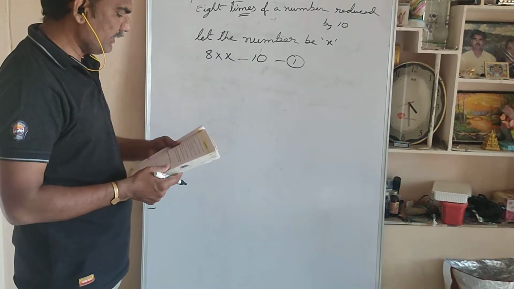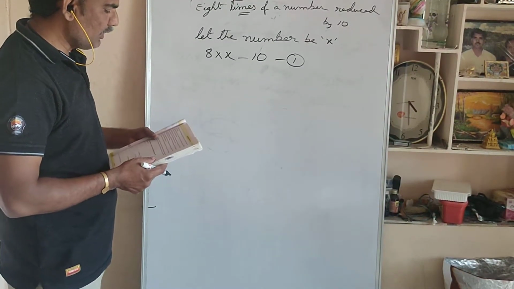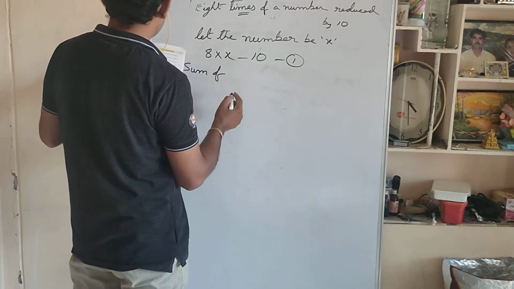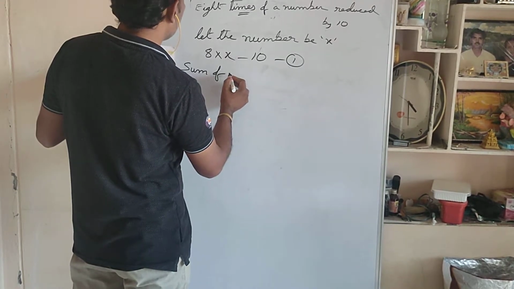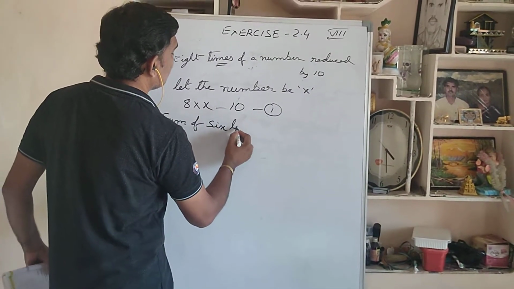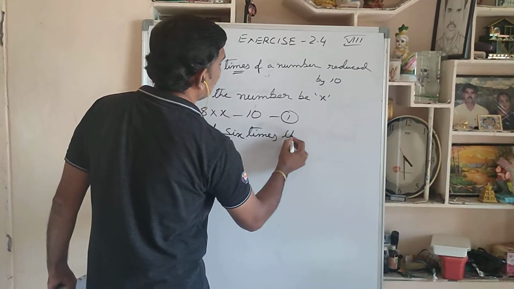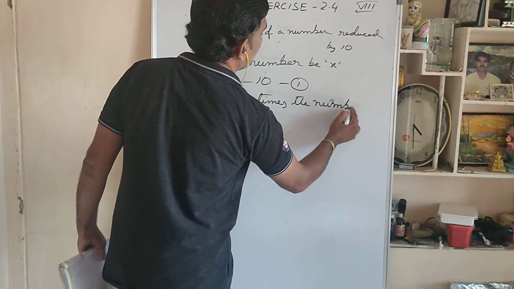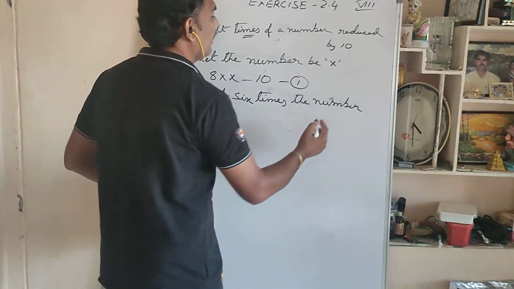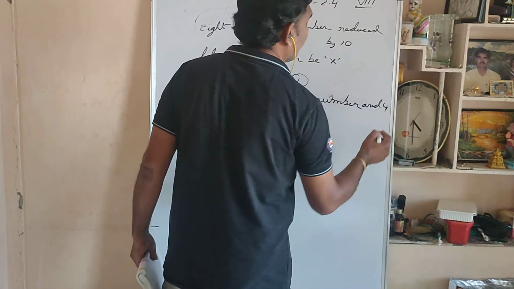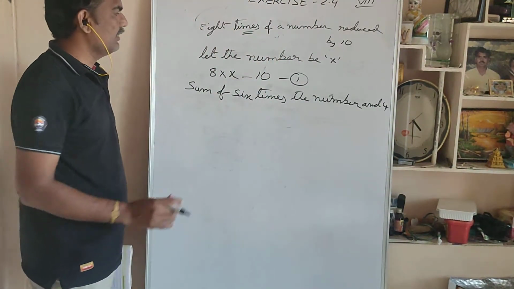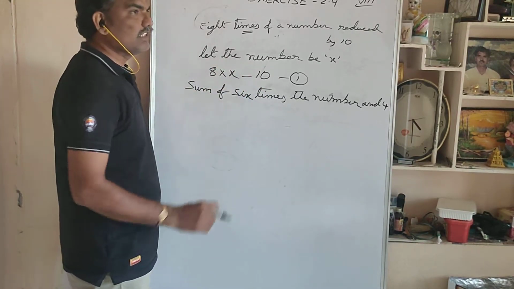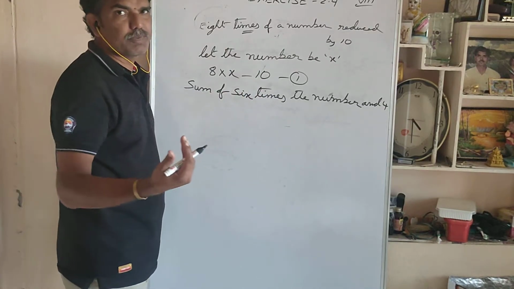Then what he has given here is equal to the sum of 6 times the number and 4. We'll see the meaning of this here. Just as you got an expression in algebra, here also we have to get one expression.